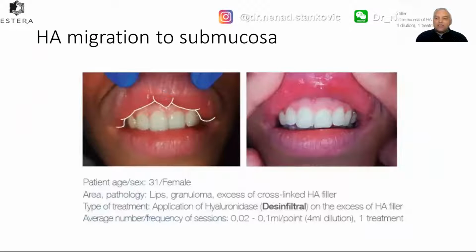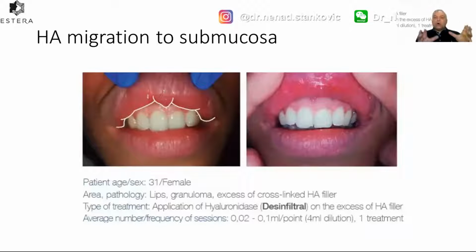This is a patient I received, who was treated by another, actually very famous doctor. What he did is he applied a lot of hyaluronic acid submucosally.